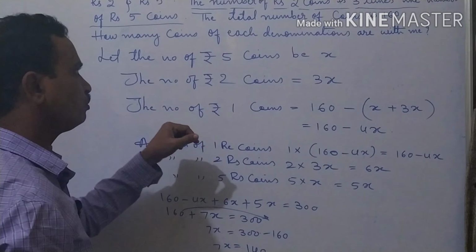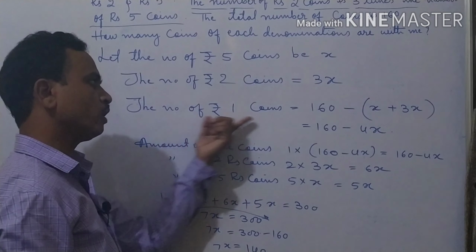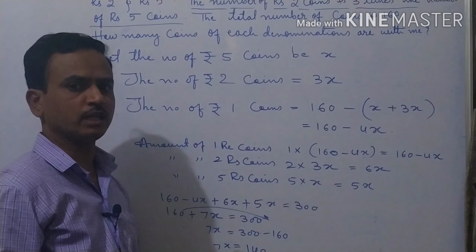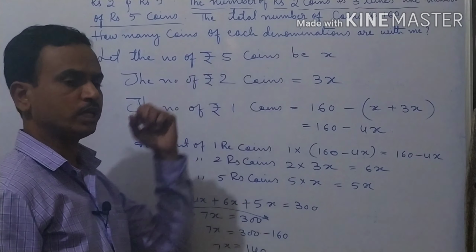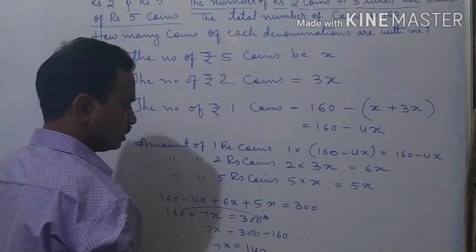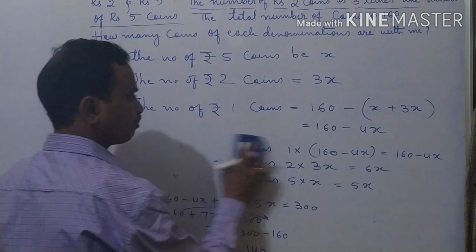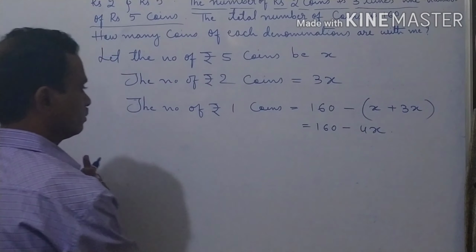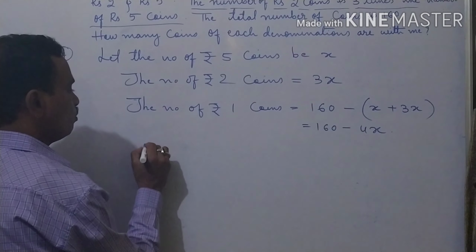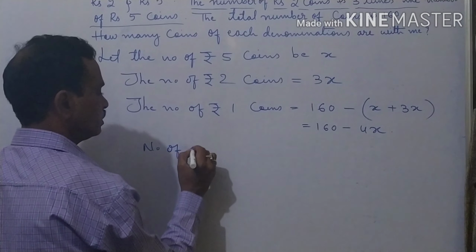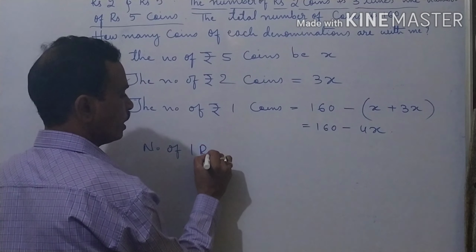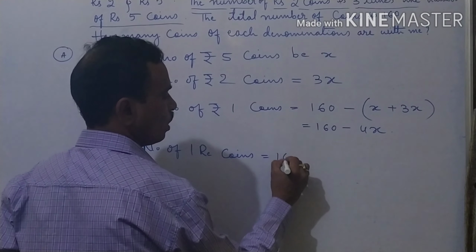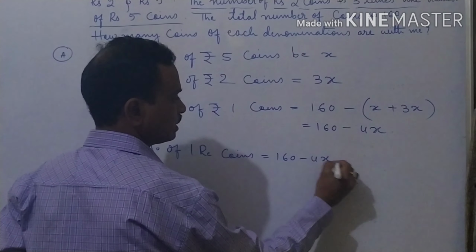That means now what we should find here? How many 1 rupee coins, 2 rupees coins, and 5 rupees coins are there? We got x is equal to 20. Now the number of 1 rupee coins is equal to 160 minus 4x.